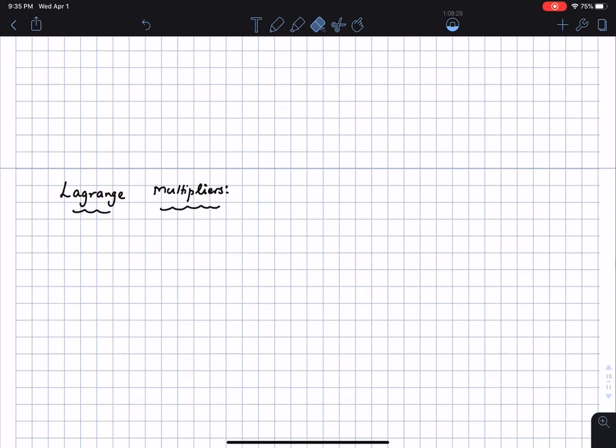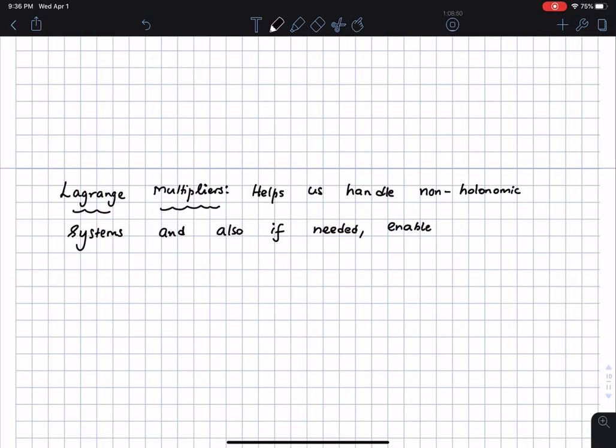So this will help us handle non-holonomic systems, and also, if needed, enables us to obtain the force of constraint.